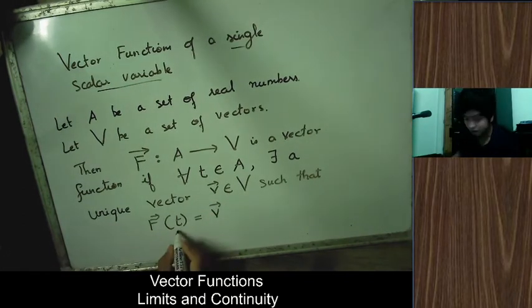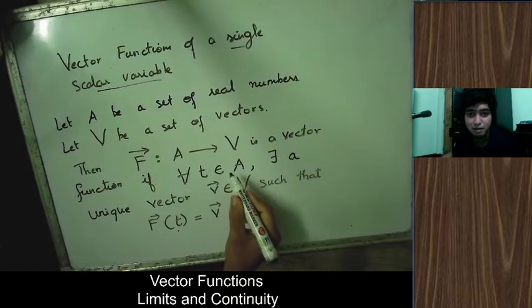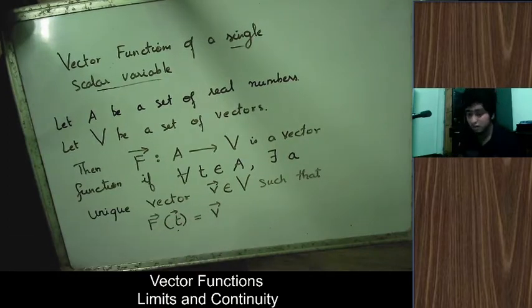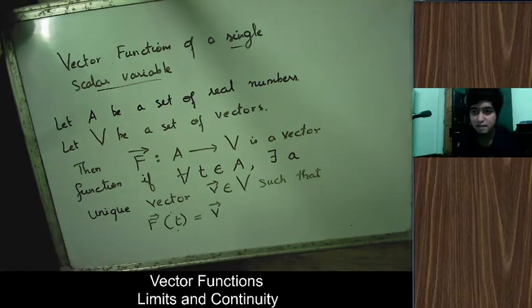Just take note: because t belongs to A, it is a real number, which is a scalar. So I don't put a vector over t, but I put the vector over f bar of t equal to small v bar.